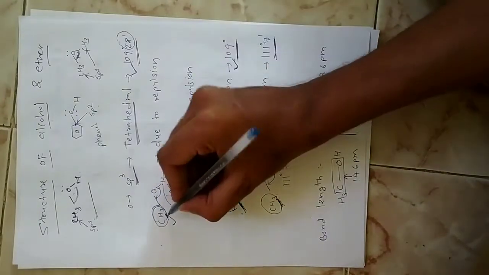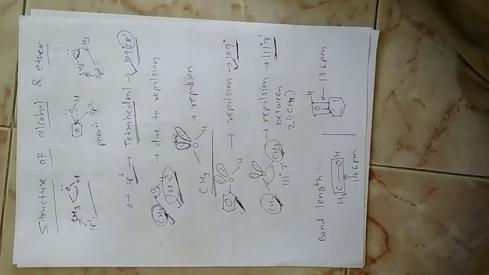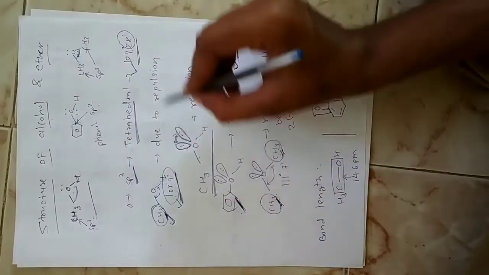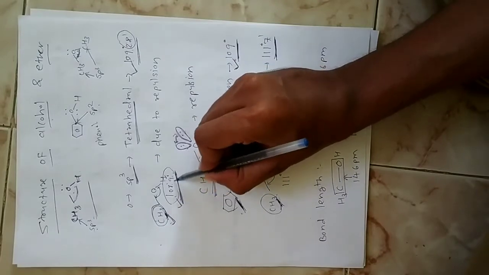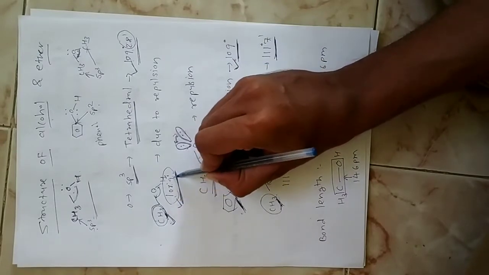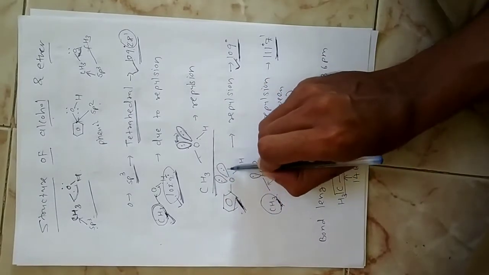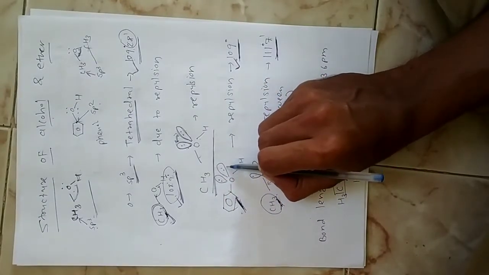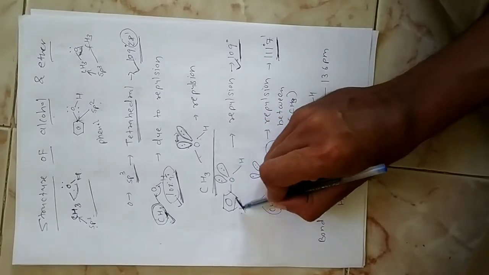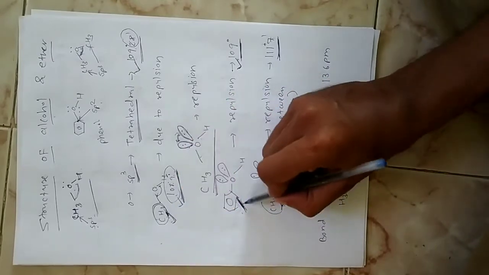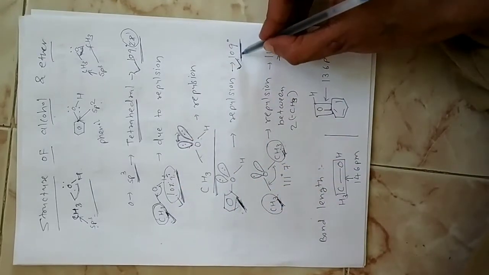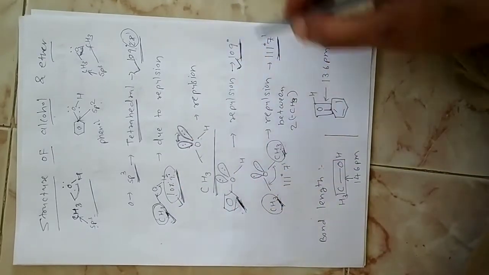Again, in the alcohol group, repulsion is there between two lone pairs of electrons, non-bonding electrons. Due to that repulsion, the bond angle becomes 108 degree 9 minutes. Same way in phenol, repulsion is there between non-bonding electrons, but the benzene ring is quite bigger than the methyl group, so repulsion is less, and the bond angle becomes 109 degree.